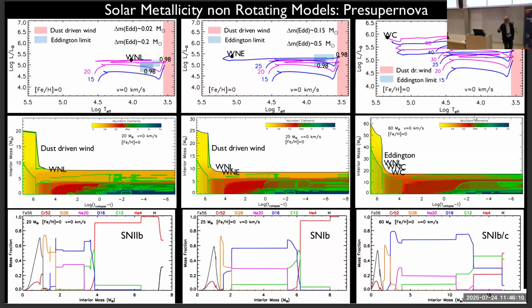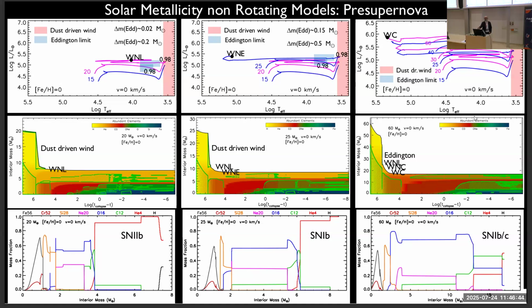So if we increase the mass of the star, the mass loss becomes much more important. So for example, here in the 20 and 25 solar masses, the dust-driven wind phase is achieved at the early stages of the core helium burning, so there is a lot of time for the star to lose mass, and as a consequence, these stars become blue supergiant, Wolf-Rayet, because they lose almost all or completely the hydrogen-rich envelope.